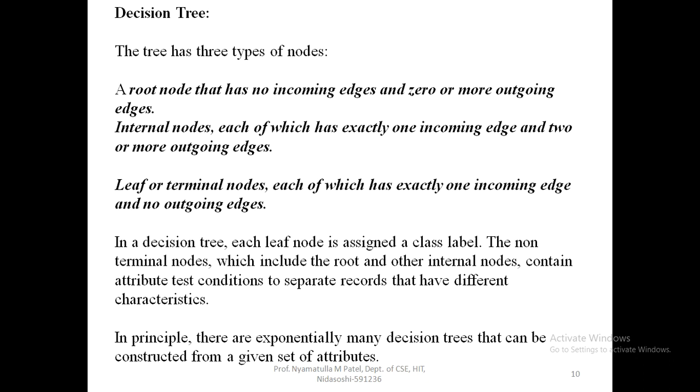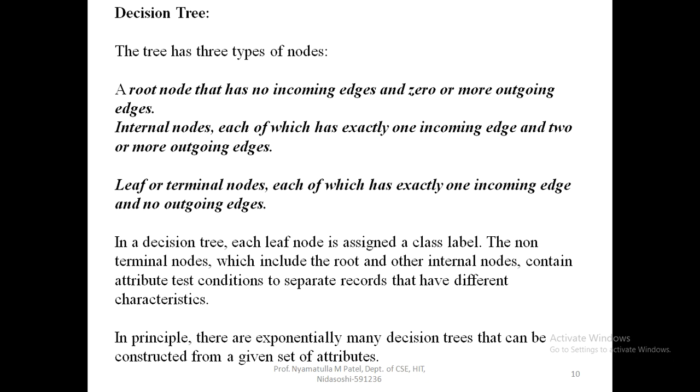So in a decision tree, each leaf node is assigned a class label. Which node? Every leaf, the last or terminal node, will be assigned a class label. The non-terminal nodes, which include the root node and other internal nodes, contain attribute test conditions. Before I decide to which class a particular object belongs, I need to test different conditions.